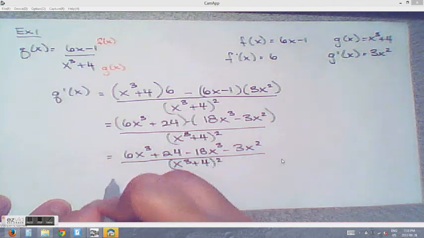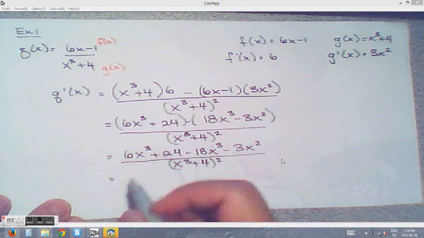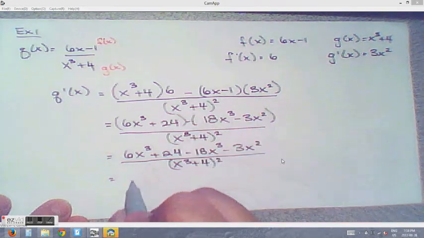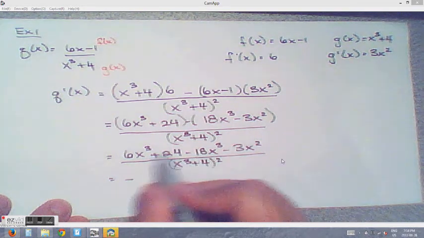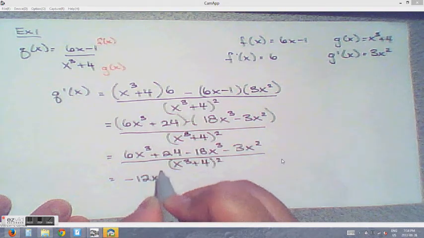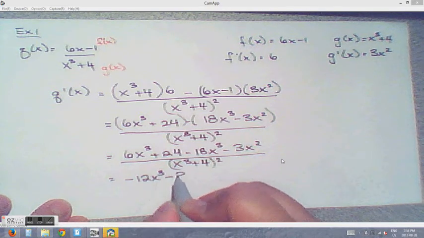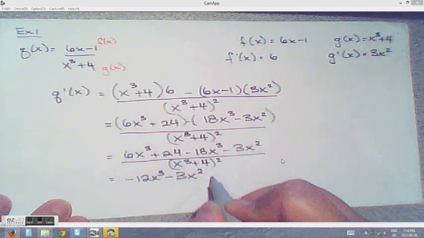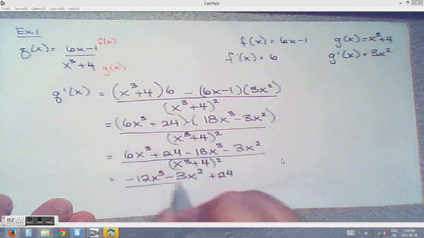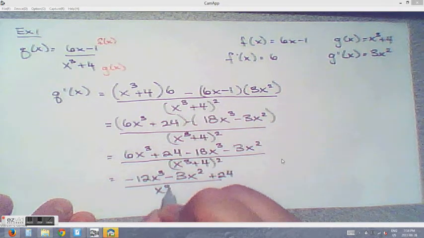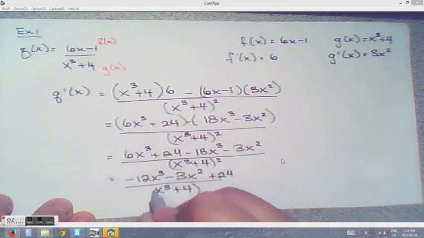Collecting like terms, what I have then is minus 12x cubed minus 3x squared plus 24, all over (x cubed plus 4) squared.